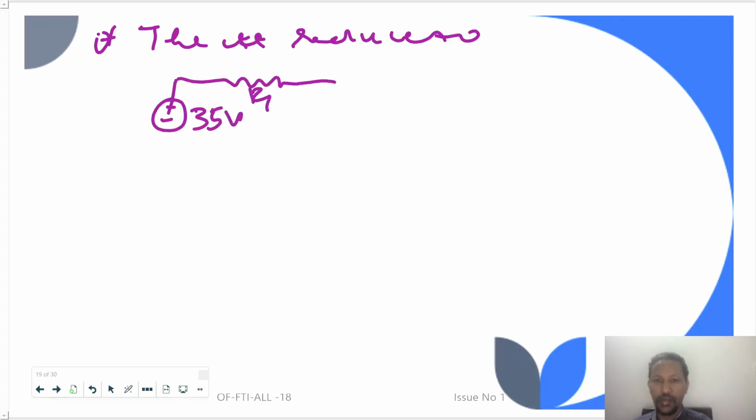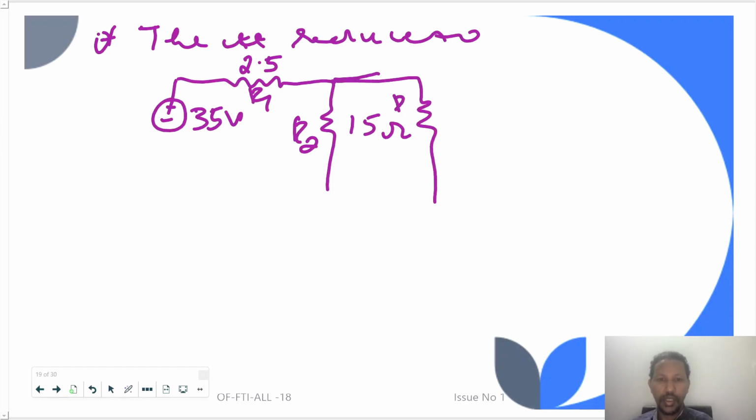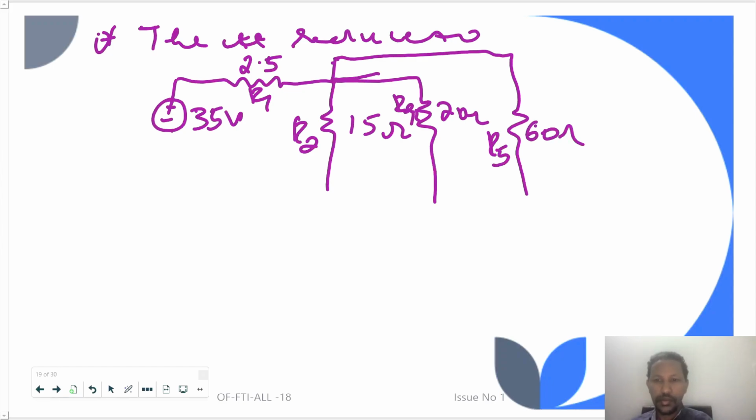Again you have R1, which is 2.5 ohm, here is R2, which is 1.5 ohm, here is R equivalent 3, which is 20 ohm, and we have R5, which is 60 ohm.